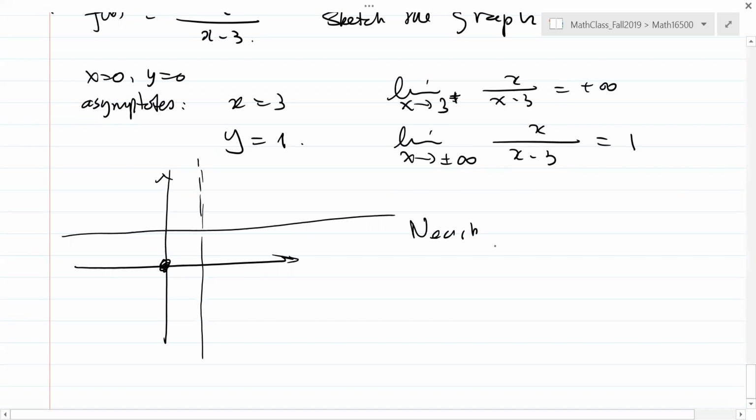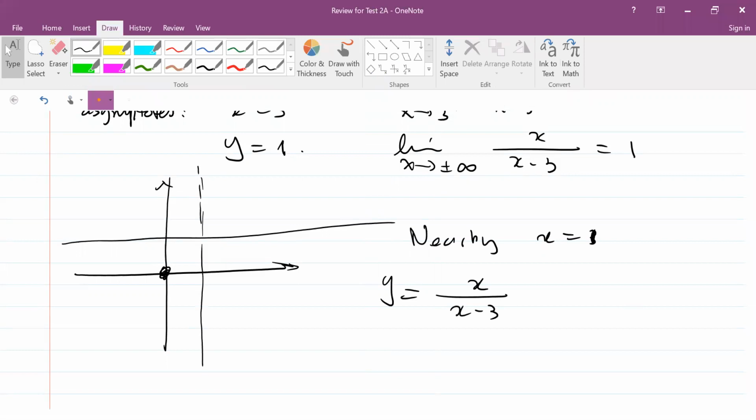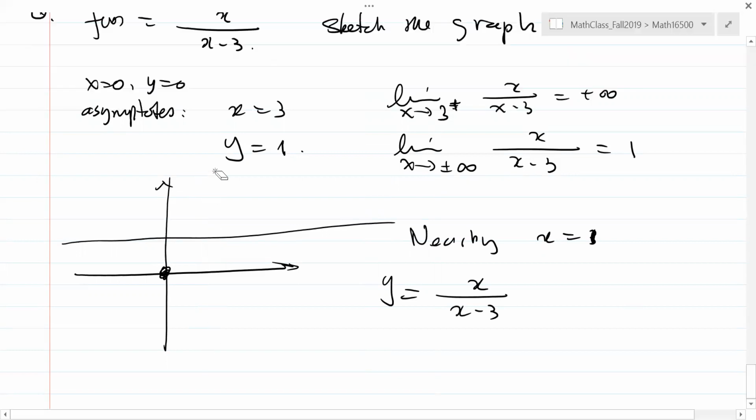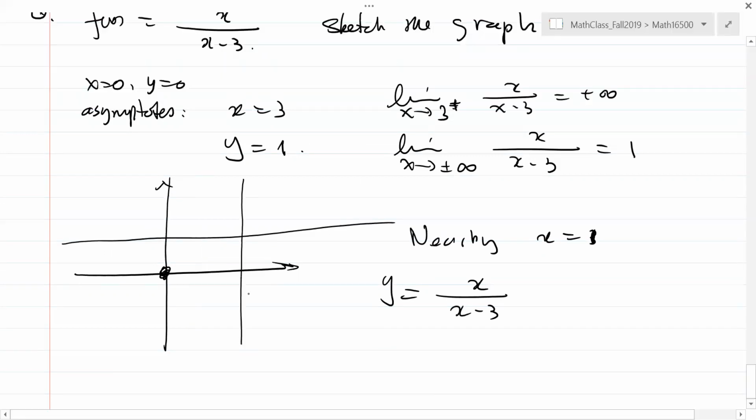Nearby x equals 3. No, wait a minute. So x is 3. Yes, this is the asymptote. Let's draw the graph a little bit farther away from here. It's going to be like that. Okay, 3.